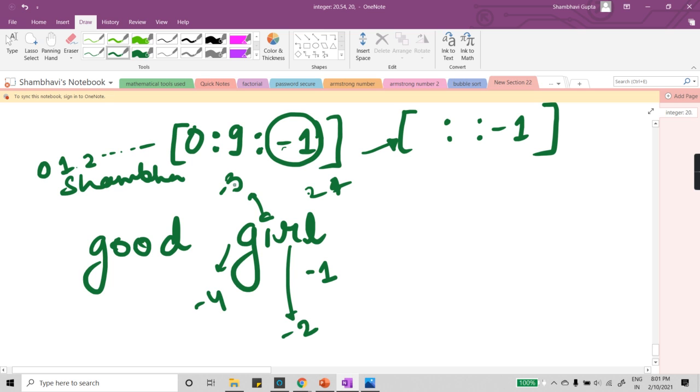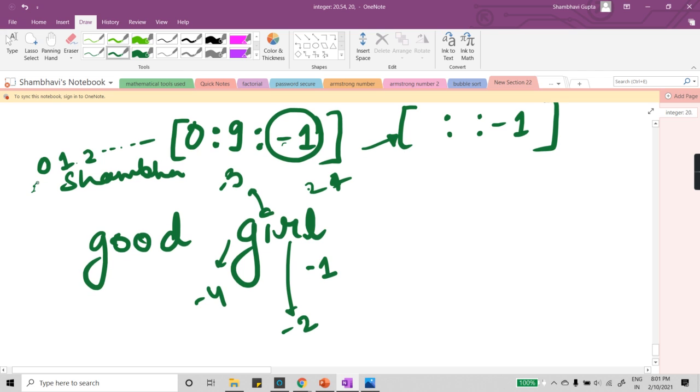In the positive indices, it was starting from 0, right? But in the negative indices, first, it starts from the very last character of your string. Second, it starts from minus 1 and goes up to whatever the length of your string is. Now, if you write colon colon minus 1, what will it do? It will print your whole string from minus 1, minus 2, minus 3, and so on, up to whatever the length is.